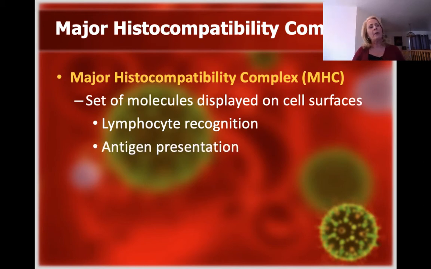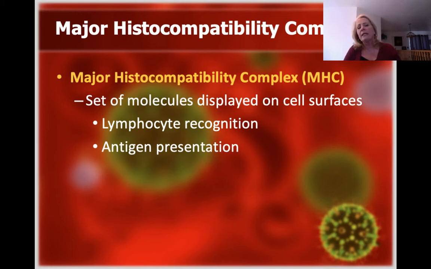And so what will happen is, let's say we get some kind of virus that gets into the cell, and this virus is going to take over our DNA, and it's going to start replicating its own little baby viruses, you might say.